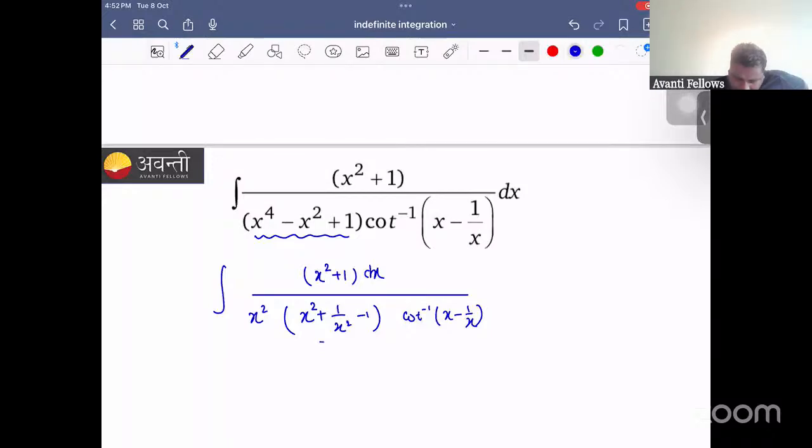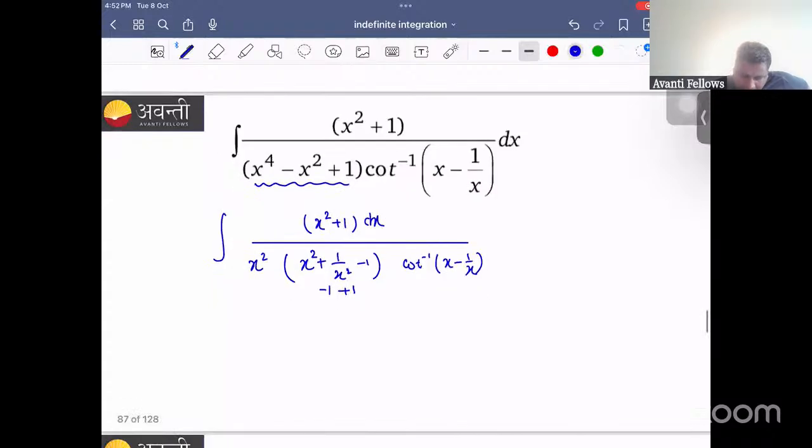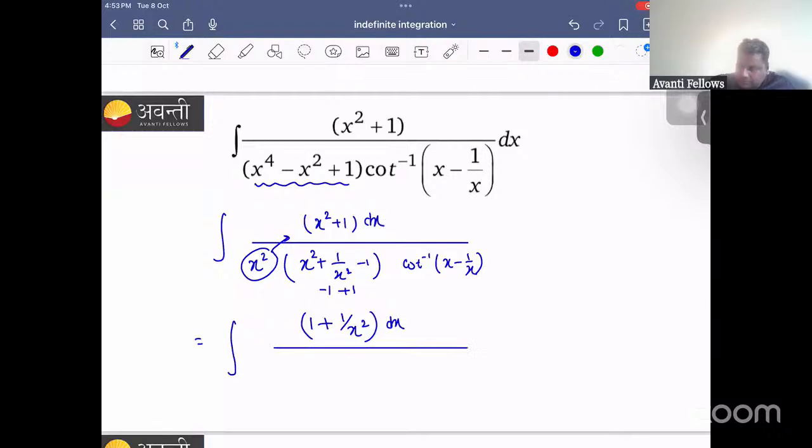Now, subtract 1, add 1 in this bracket. Take this x square in the numerator, it will be 1 plus 1 by x square dx upon. Now, this will become x minus 1 by x whole square plus 1, into cot inverse of x minus 1 by x. Correct?